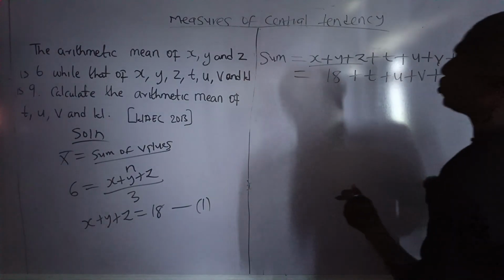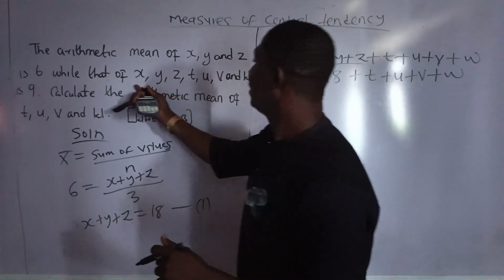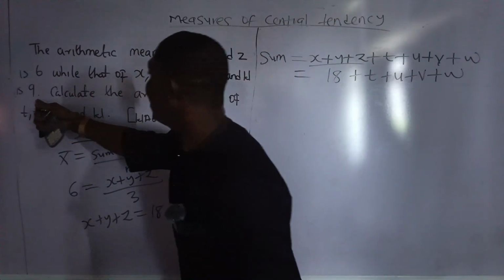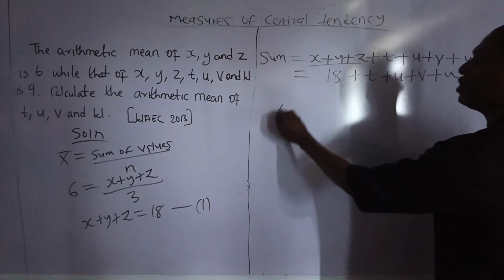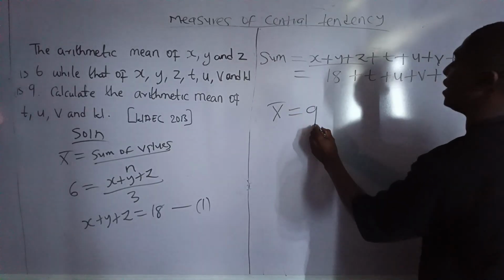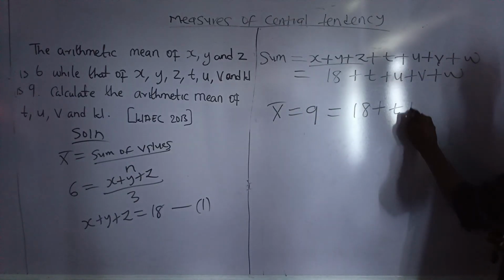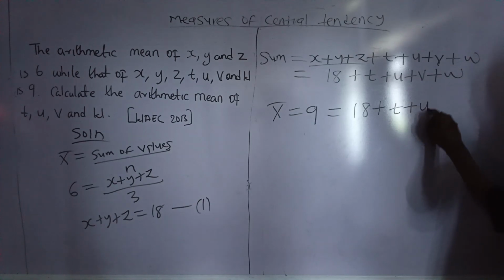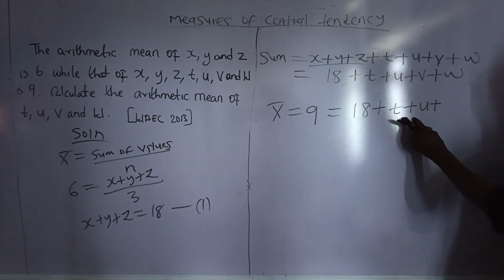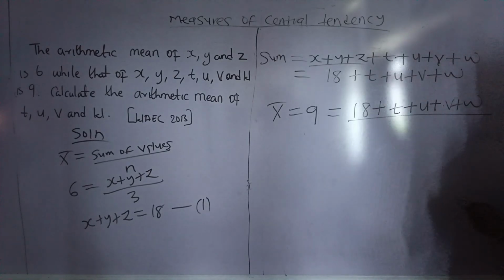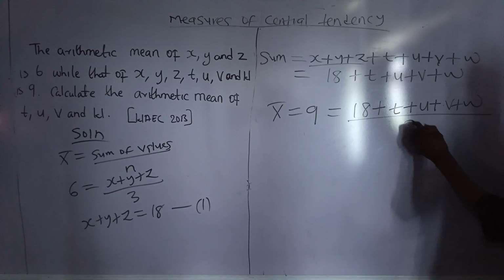Now, the mean of all that is equal to 9. So mean, which is S bar, equal to 9, will be equal to 18 plus t plus u plus v plus w, all divided by 7.